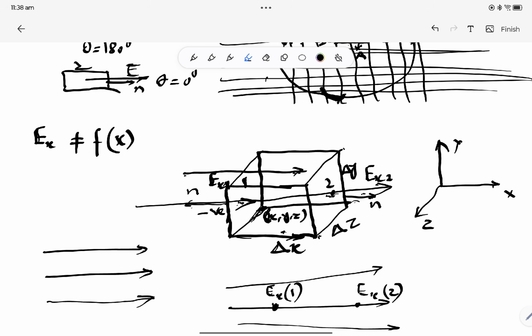Then, when we add up these two fluxes, the flux here and the flux here, they won't cancel out. We will get a net flux. That is very important. And see, where do you get net flux? If you look at this, you get net flux where the electric field lines diverge.